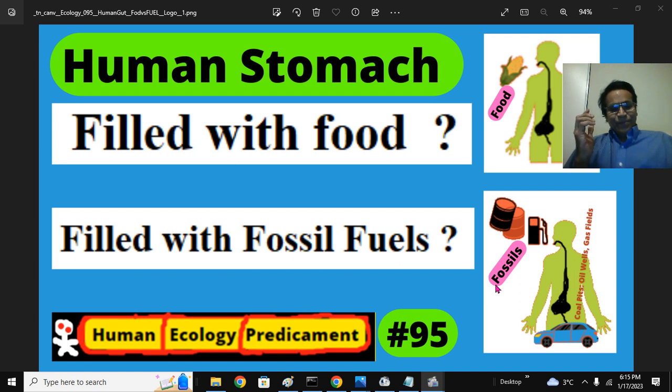Because most of the people on the planet eat food coming from industrial farming, industrial agriculture, green revolution and so on, which is based on fossil fuels: the tractors, the machines, the combine harvesters running on fossil fuels, pesticides, herbicides, everything. So the stomachs and guts are filled with the fossil fuels.